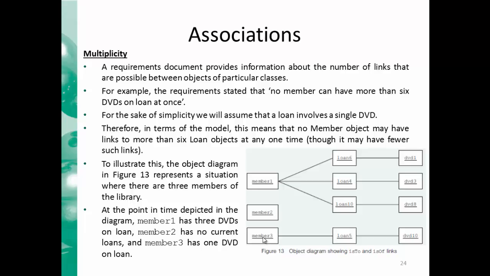For example, in this object diagram, you find that member 2 has no loans at all, where member 3 is having 1 loan, member 1 is having 3 loans. So we need to decide about the number of allowed objects to be instantiated in different situations.